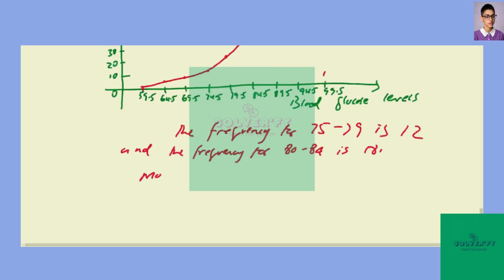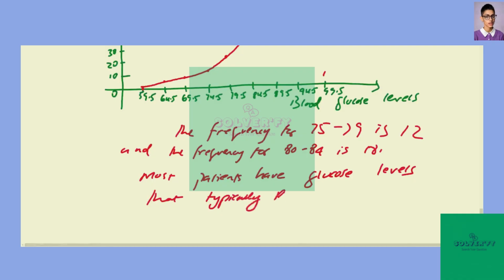So most patients have glucose levels that typically range from 75 to 84.